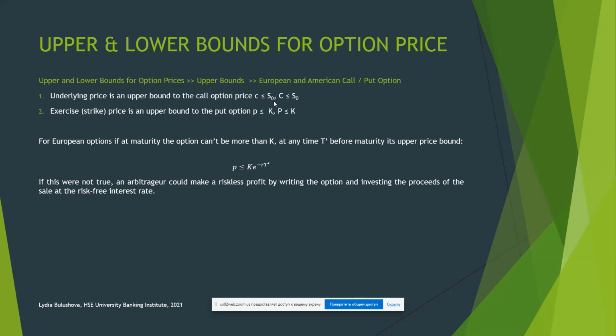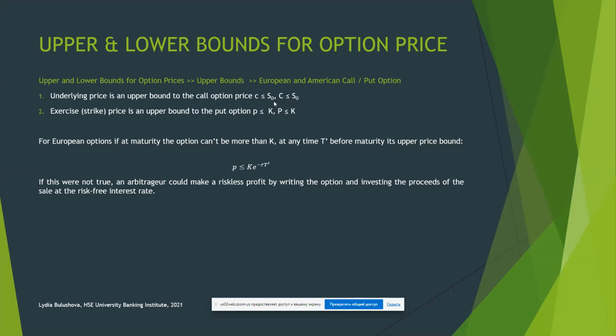So if I know that a contract at maximum costs K at time t, today's maximum value is K discounted from time t to today.